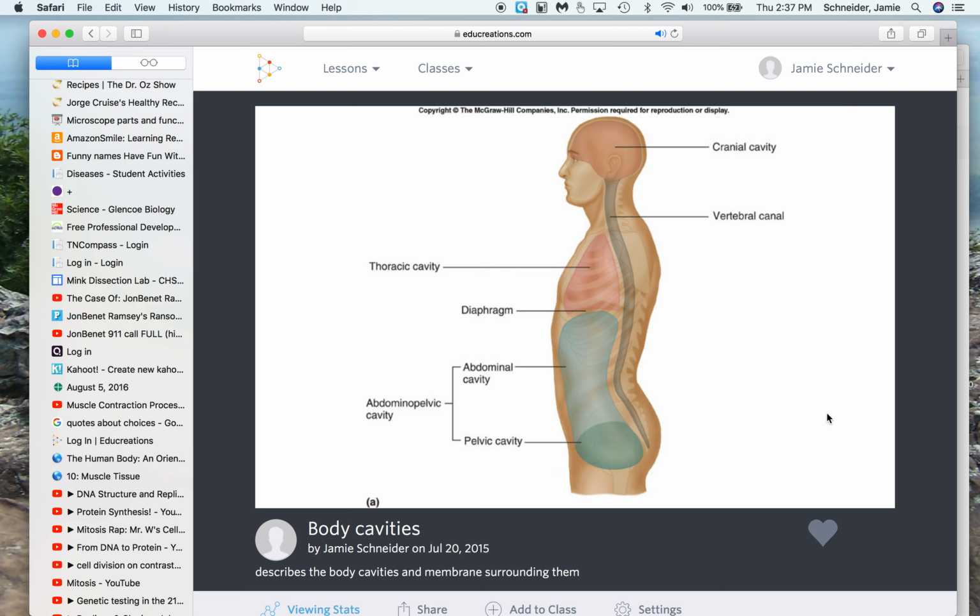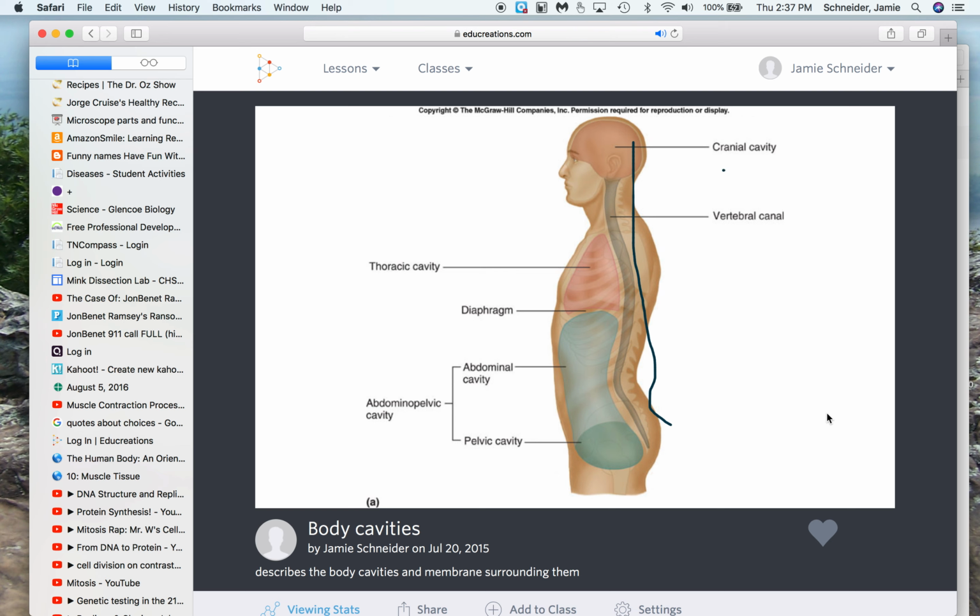Now let's go ahead and talk about the actual cavities. This back here, going from the skull all the way down the back, is the dorsal cavity. It contains two other cavities.